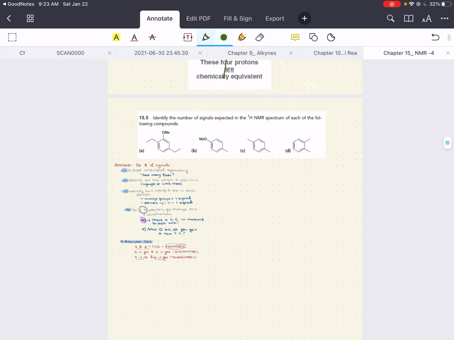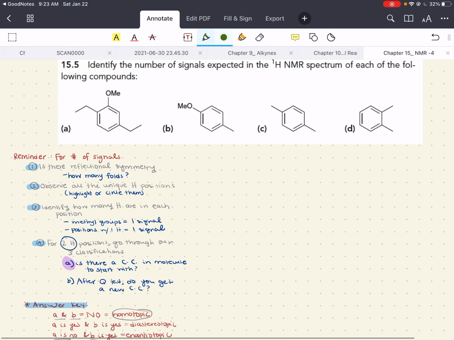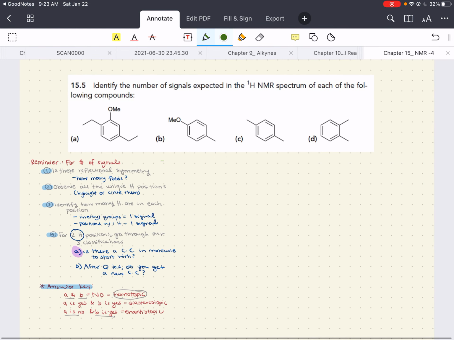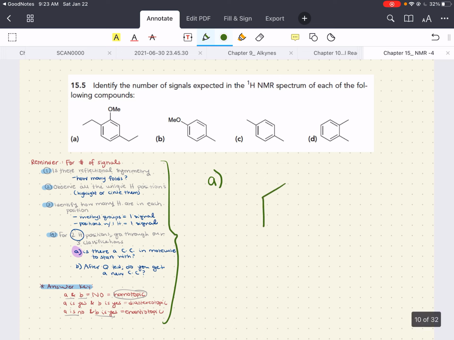So we're going to start off with A. We have here a little step-by-step guide that you can rely on to figure this out. We're going to draw our molecule A right here.